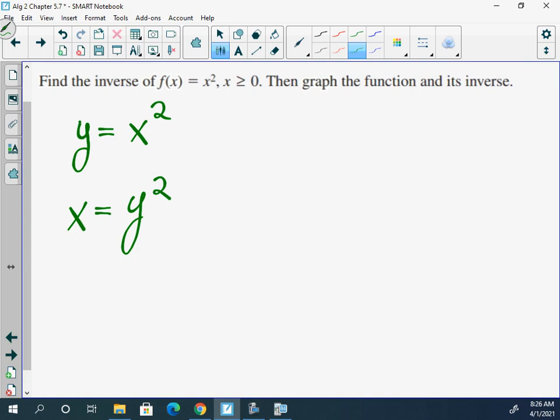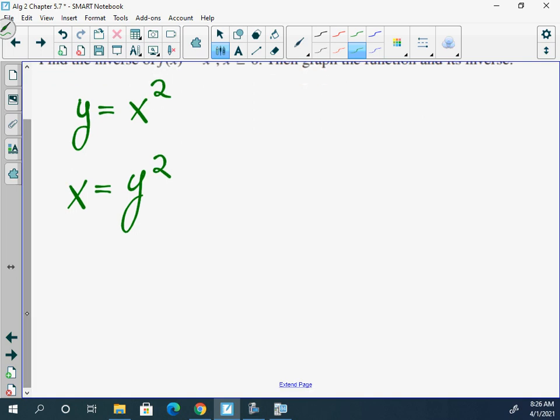And now we would solve for y by square rooting both sides. Now the square root and square with y cancel out, giving us y is equal to plus or minus the square root of x.